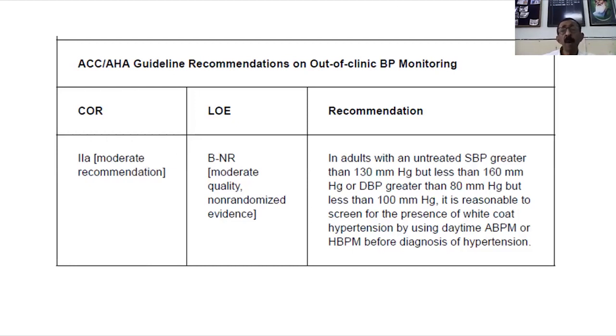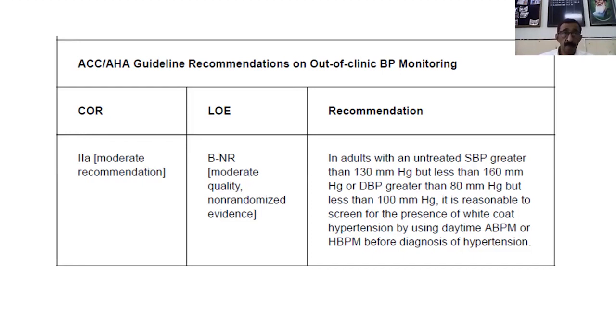Now, this is a very important slide. These are the ACC/AHA recommendations for out-of-clinic BP monitoring. That is, which are the subjects? So this is very important, please. Which are the subjects who should be put to ambulatory BP monitoring or home BP monitoring?